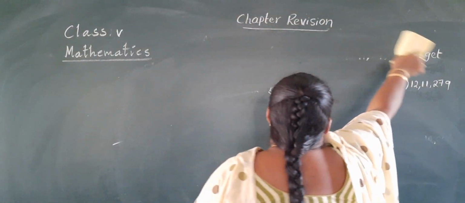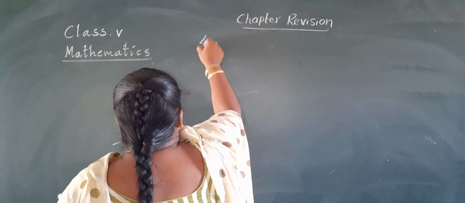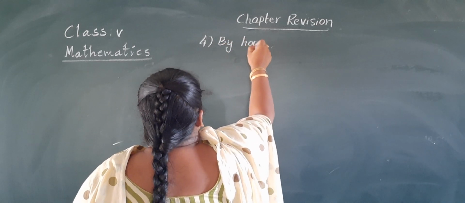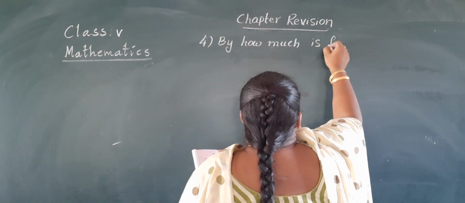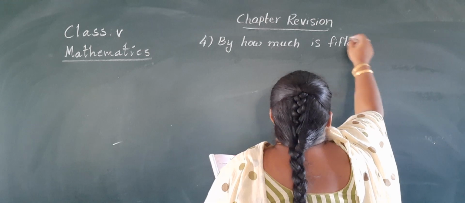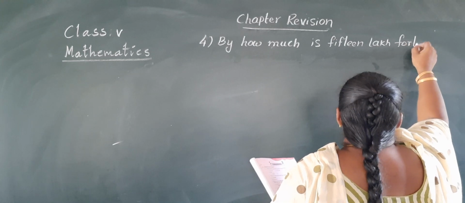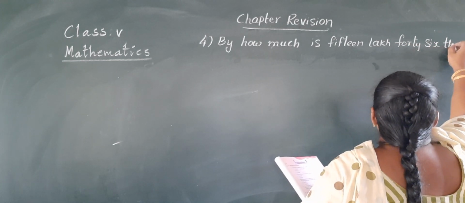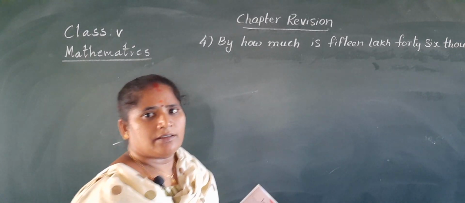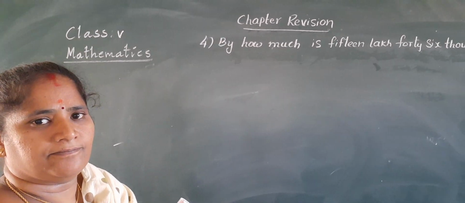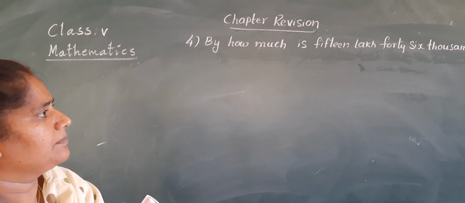Now fourth one. By how much is 15 lakh 46,824 greater than 12 lakh 18,452? They are given in word form. Look at the board, children. Just wait.